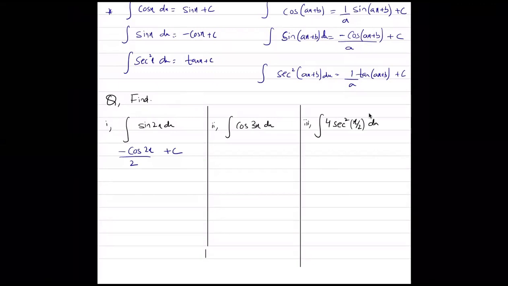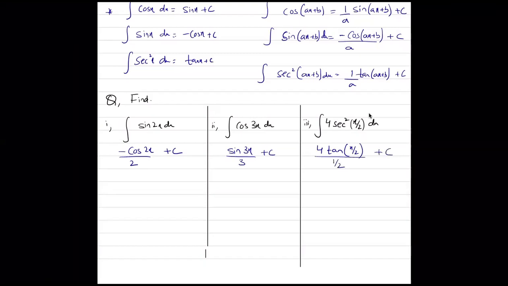Okay, integration of cos 3x is going to be sine 3x upon 3 plus c. Good. And for the last, 4 secant square x upon 2: 4 tan x by 2, divided by 1 half.